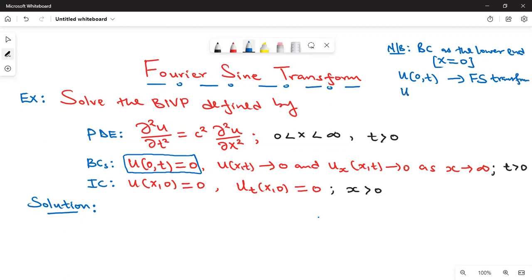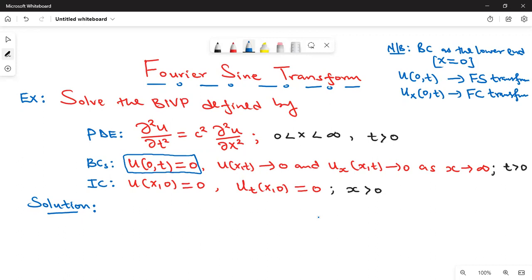But if you are given u subscript x at x equals 0, t, then you use the Fourier Cosine Transform. That is what will guide you in choosing between the two transforms.